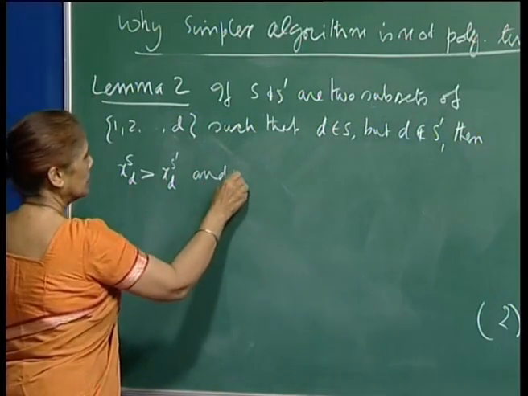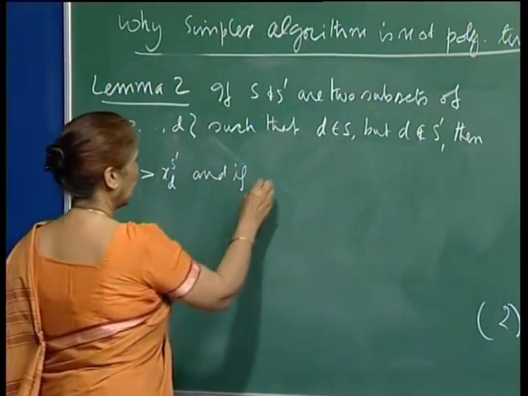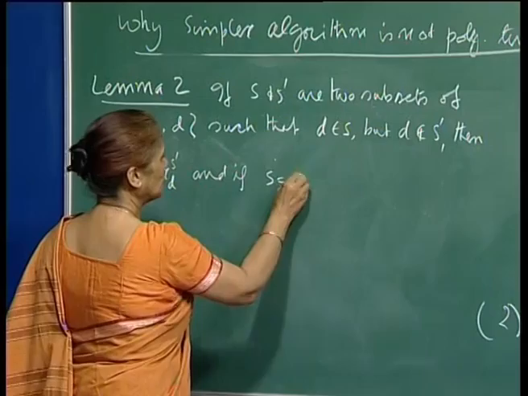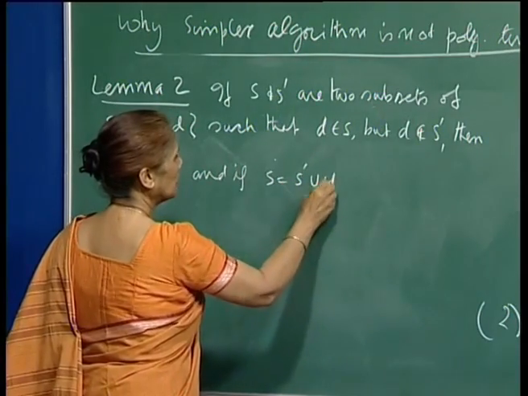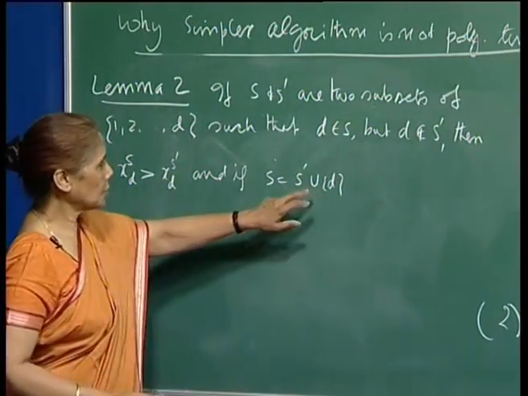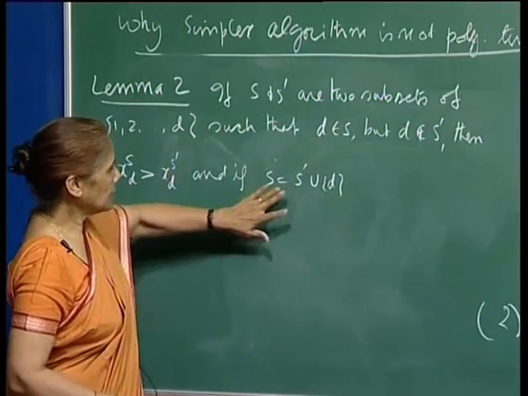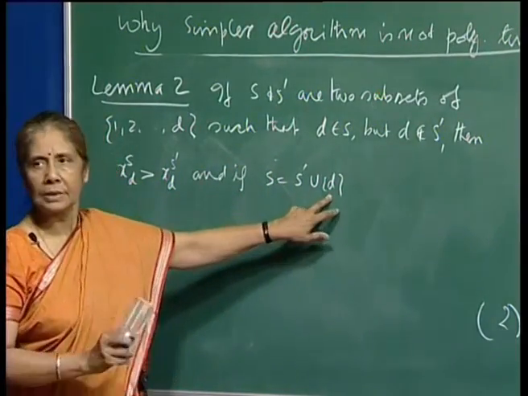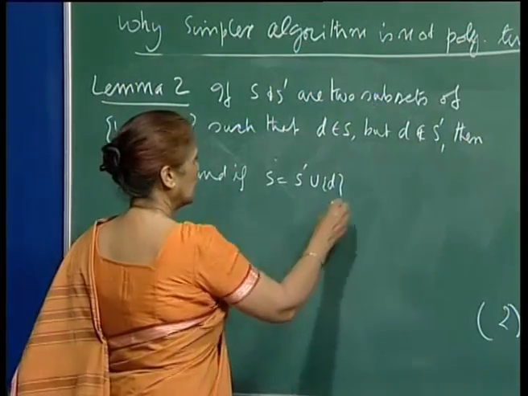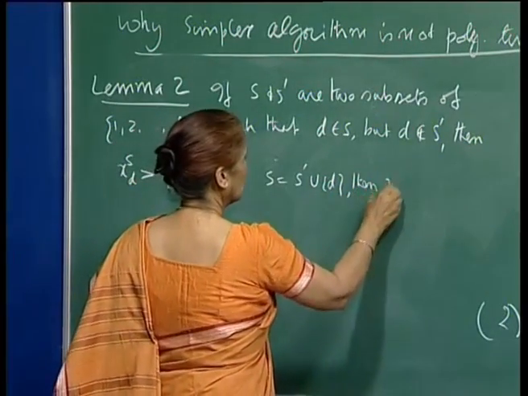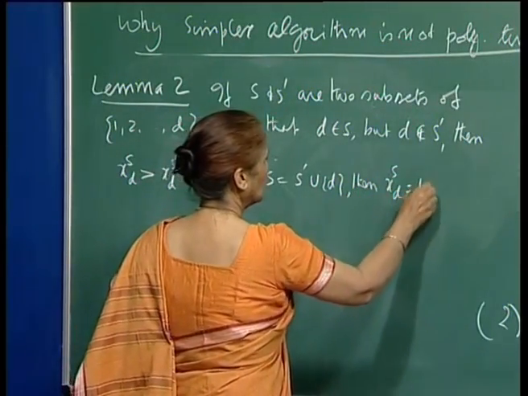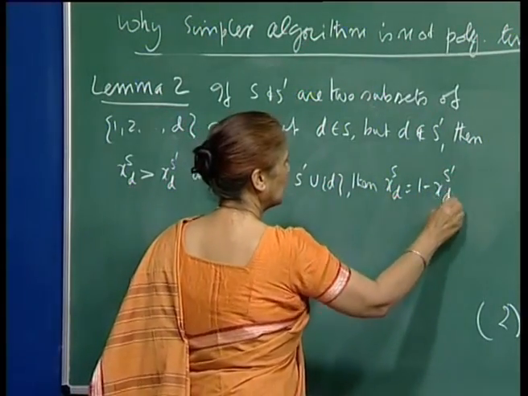And if S is equal to S prime union d, that means the index d was not present in S prime, and S and S prime differ only in the index d, then x s d is equal to 1 minus x s prime d.